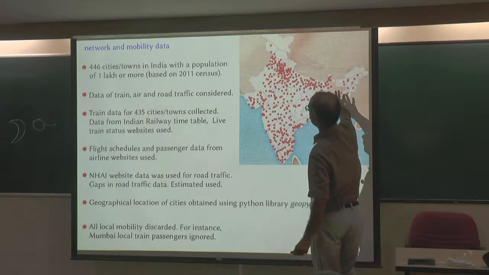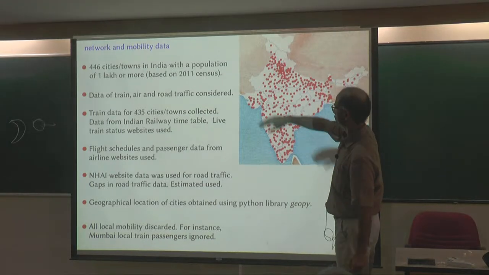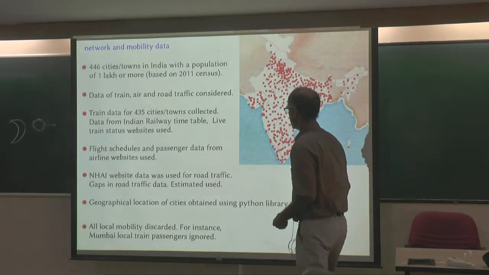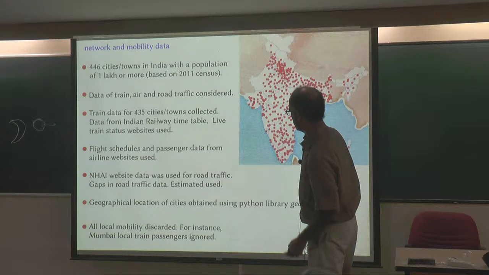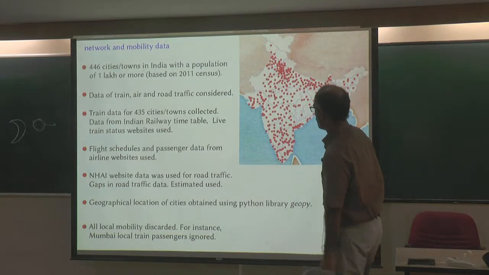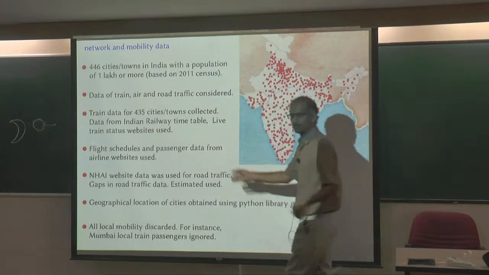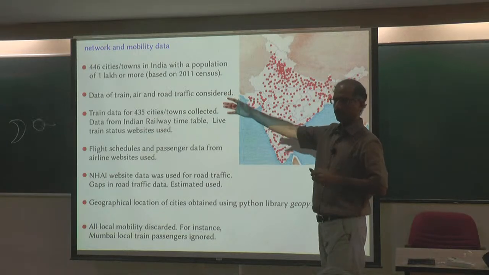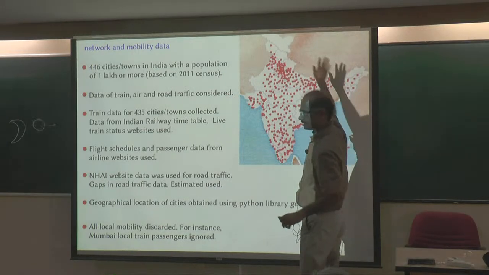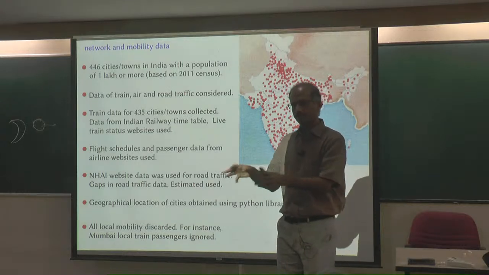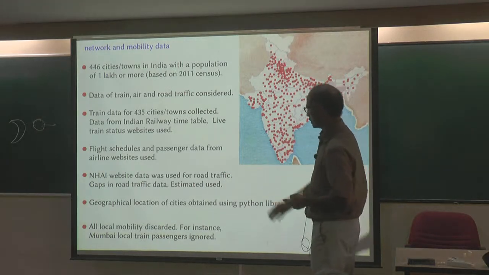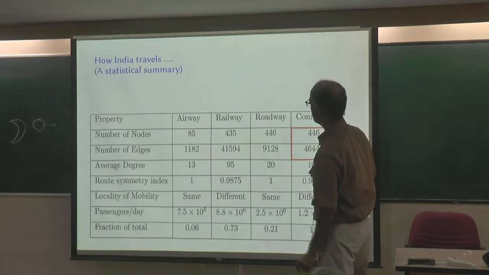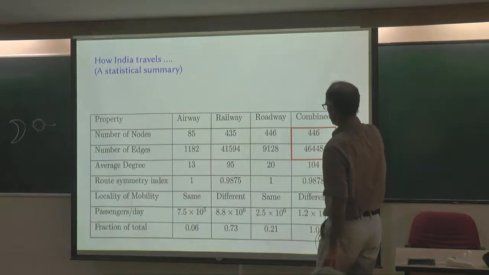So you choose 446 cities and towns in India with a population of 1 lakh or more, and use the real available data for train, air, and road traffic. We discarded all the local mobility, such as local trains in Chennai and Bombay. That traffic is quite a bit, but since we are interested in the larger scale spread of infection, we are not interested in local passenger train data. Here is the summary of all that we could assemble.